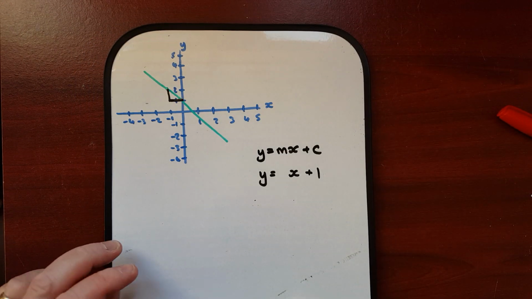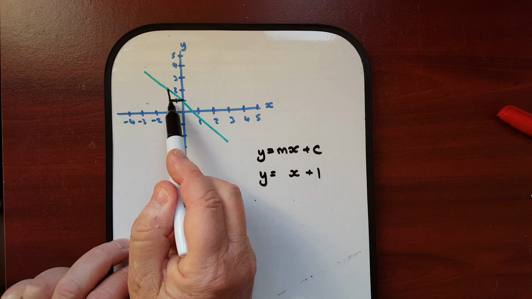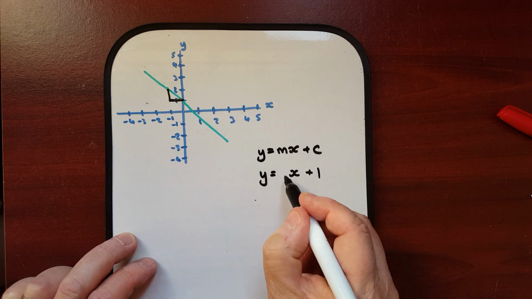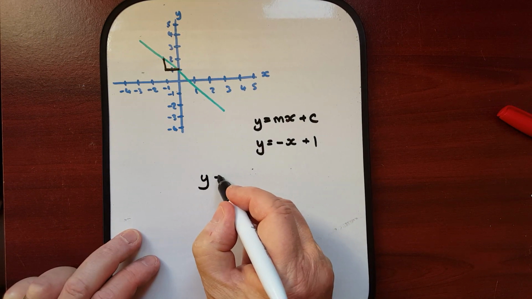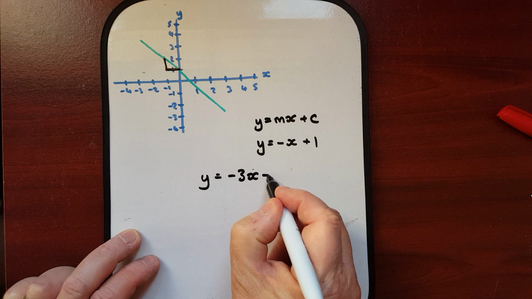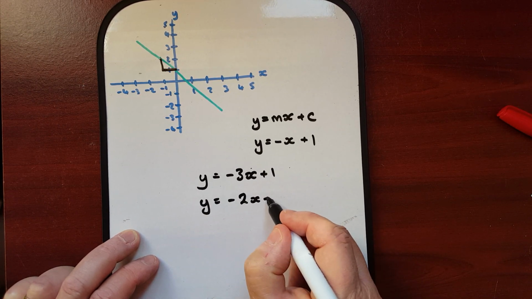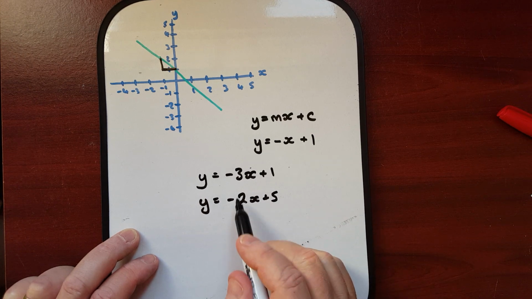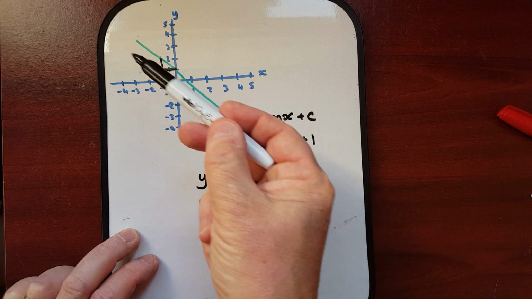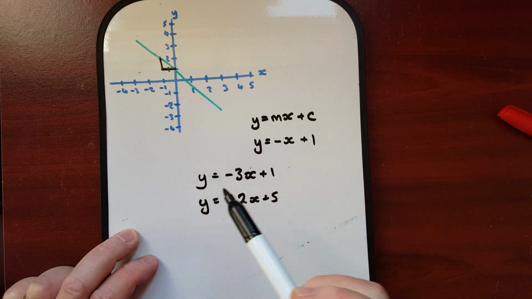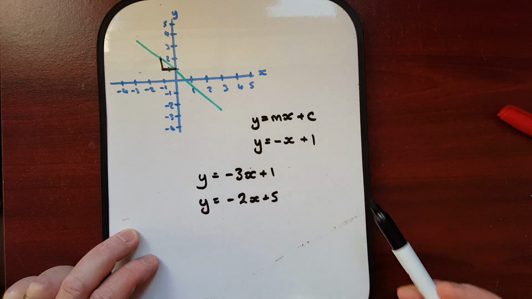When we've counted along the flat line here, we've counted to the left and it's negative. So that is minus. So you'll see names of things like y equals minus 3x plus 1, y equals minus 2x plus 5, and so on. And if it's got a minus in front of it, then the line is sloping in the opposite direction. It's sloping backwards. If it doesn't have a minus in front of it, then the line is sloping forwards.